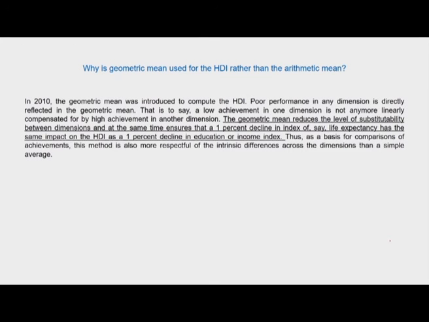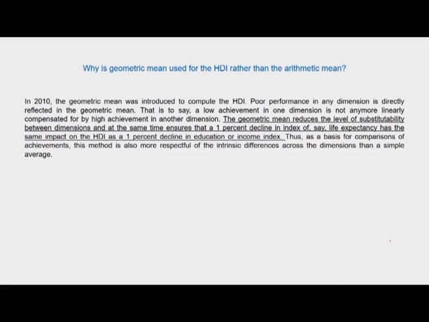Now, this is a more systematic explanation of why the geometric mean was used for HDI rather than arithmetic mean calculation. So, poor performance in any dimension is directly reflected in the geometric mean. That is to say, a low achievement in one dimension is no longer linearly compensated for by high achievement in another dimension.